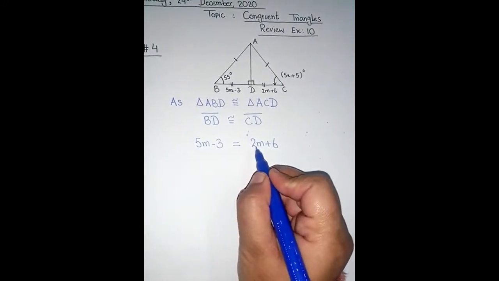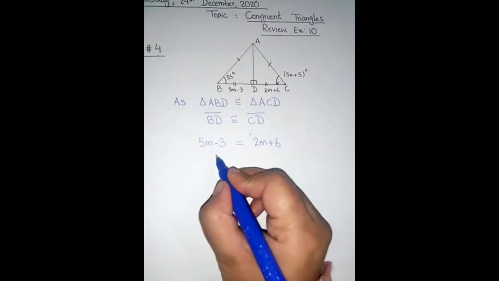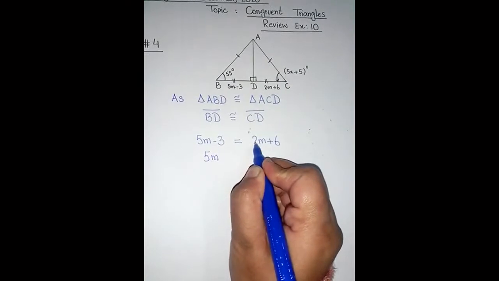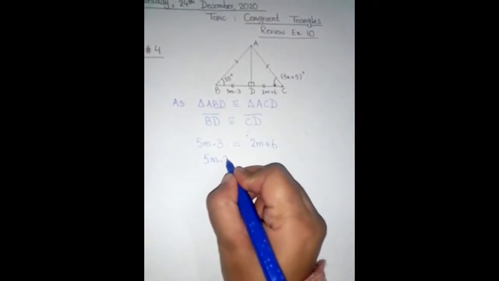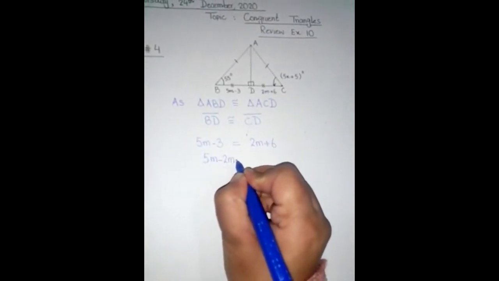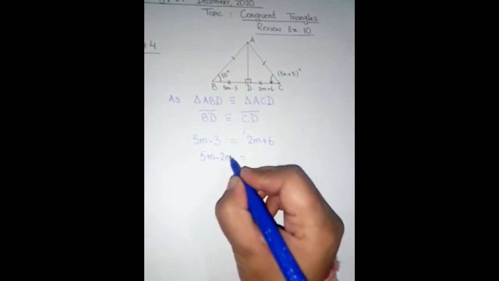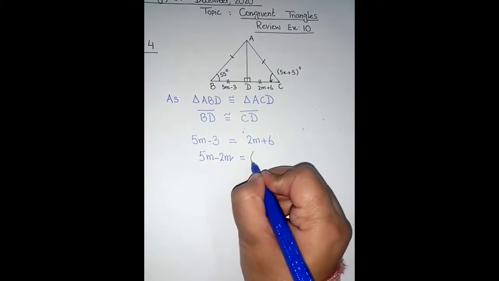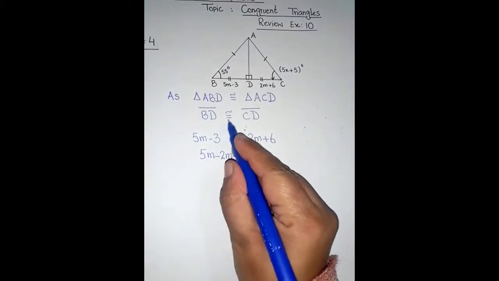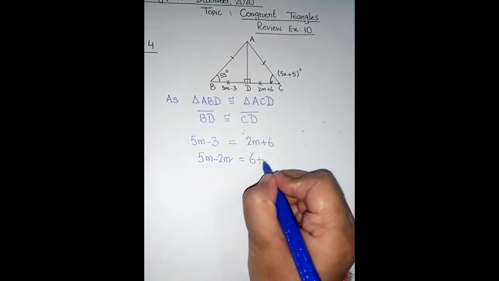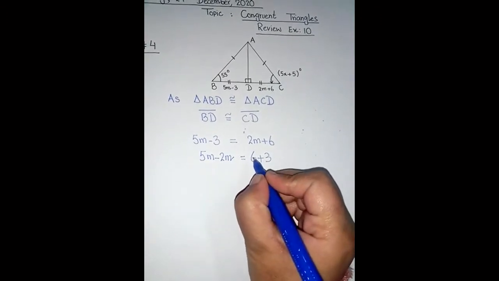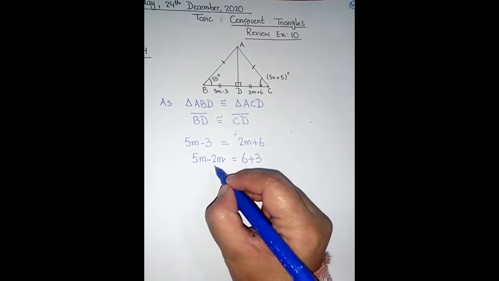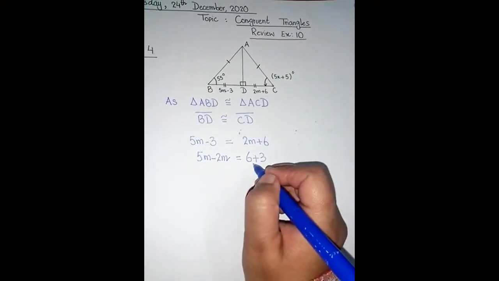So I will move this m to the other side. 5m, here it is positive. When I move it to the other side, it becomes negative. 5m minus 2m. And this constant is moved to the other side. Here it is negative. When I move it to the other side, it becomes positive. Clear? I have shifted both variables to the same side and both constants to the other side.